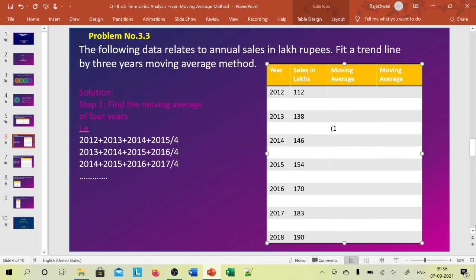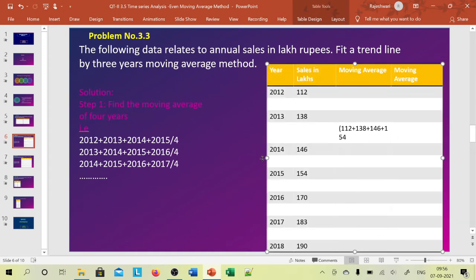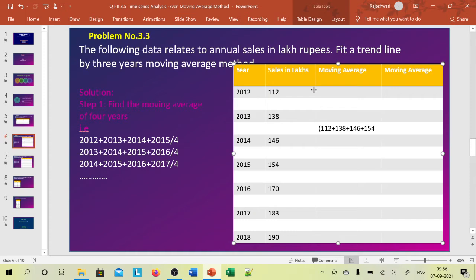So here it is. Sales 112 lakhs plus 138 plus 146 plus 154. So 4 years completed, 4 years average is, so divided by 4.